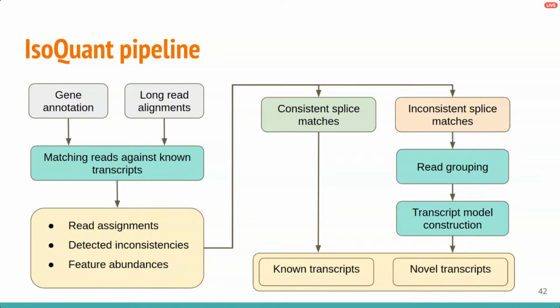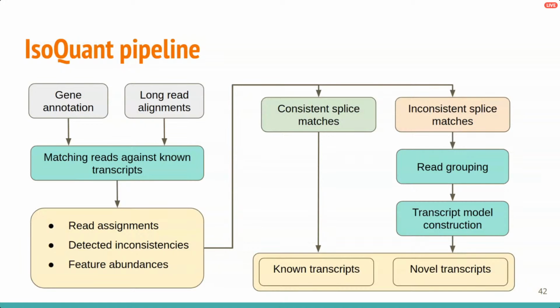You always have something like DNA contamination and reads that map into intergenic space. You usually ignore them. So in the end, we have reads that are matched to the isoforms consistently without any modifications, and inconsistent splice matches.